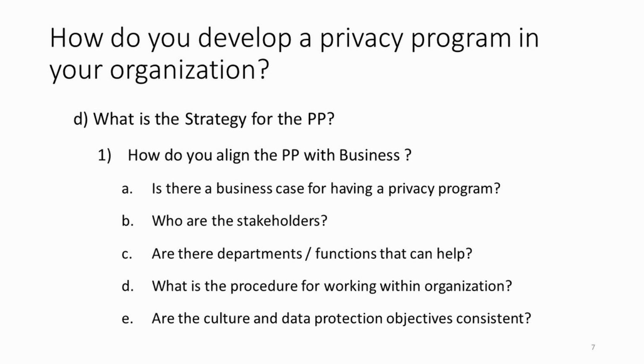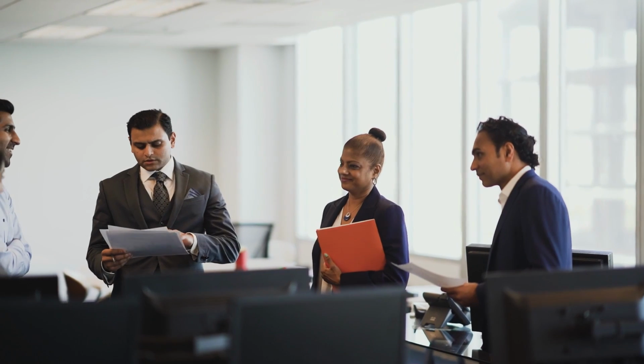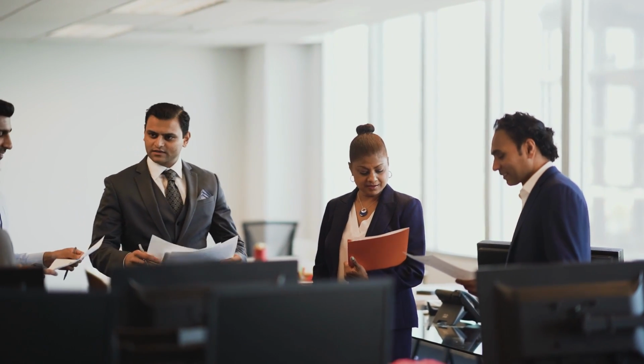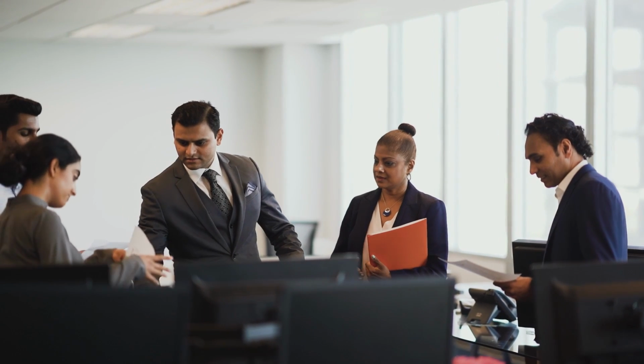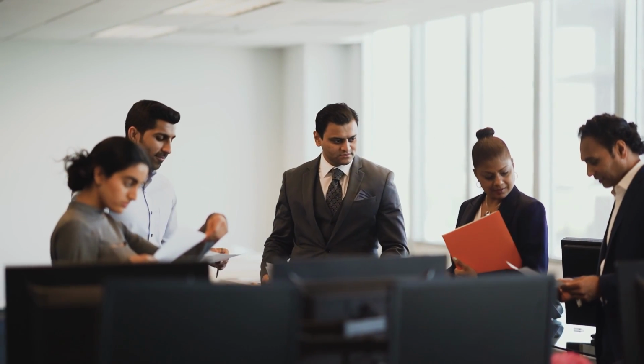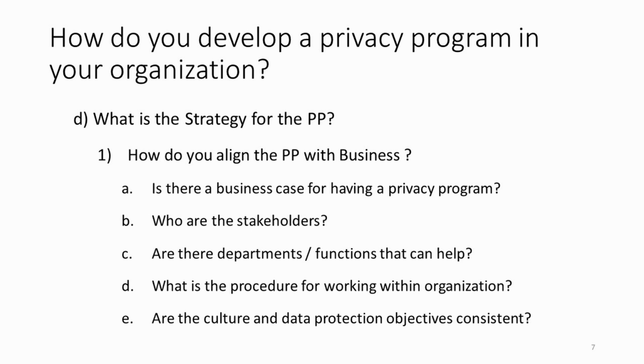And then when you identify who these different functions are, it would be good for you to know what would be the procedure for working within the organization. By which I mean, you don't just simply come out and say, I now have a privacy program, then just plop it right up. No. What you want to do is work within the organization and be able to tell the other people, this is how we work, this is how we communicate.